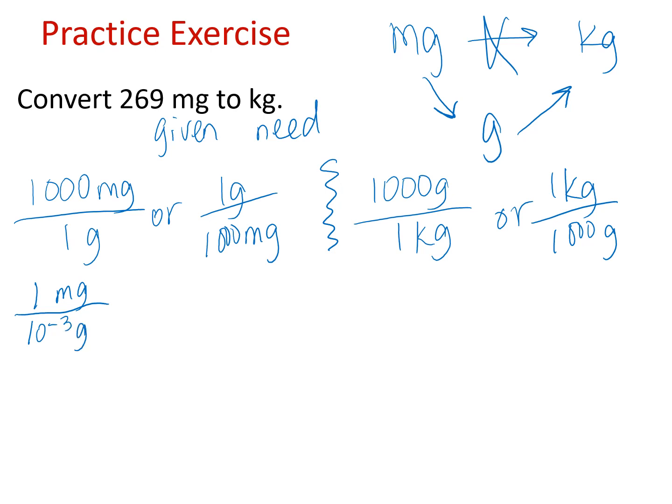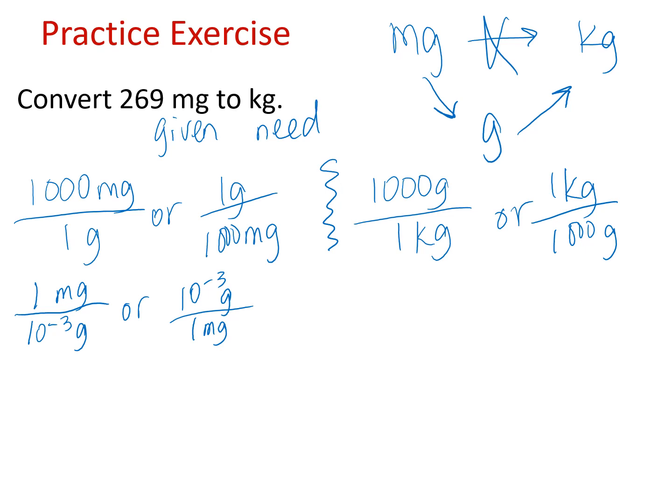Either way works. You're going to get the exact same answer regardless of whether you do it this way or the way that was shown above. You just have to remember this way, the scientific notation way, the meaning of the prefix goes with the base unit. And so from there, we can then set everything up.